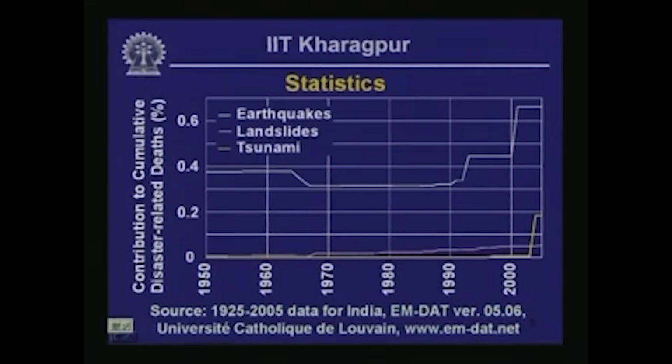Now, you can see that by far the contribution of each one of these hazards is relatively small, because you are looking at at most 0.6% of contribution to the total disaster related casualties from any one of these individual geologic hazards, and that is earthquake.